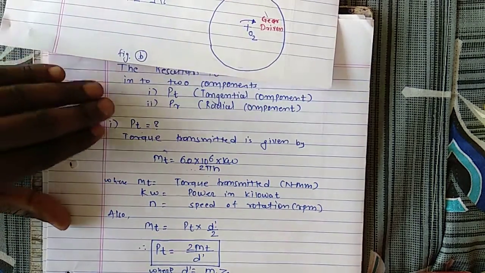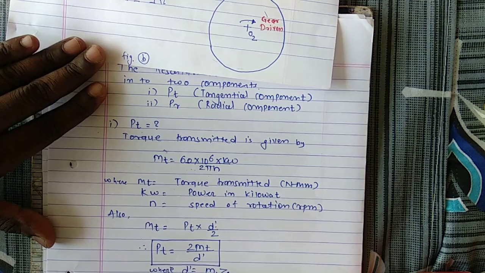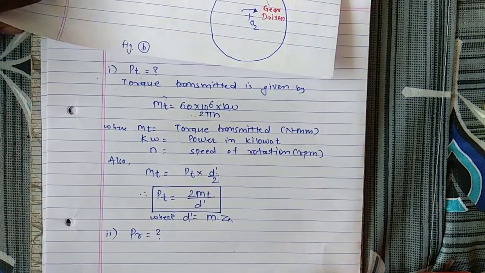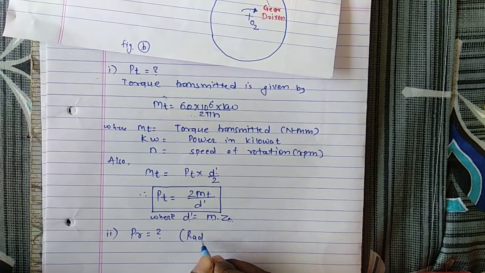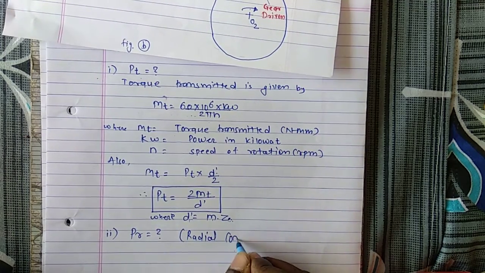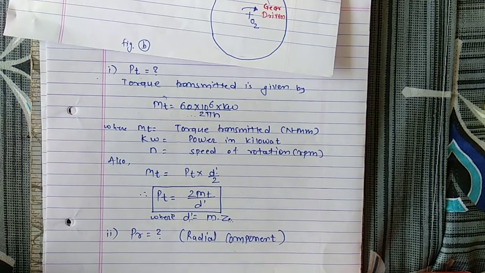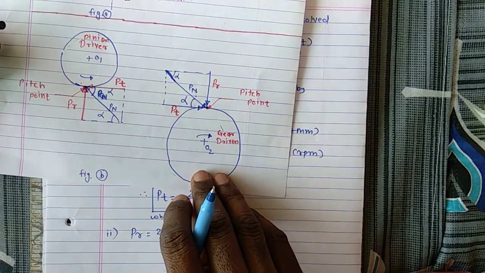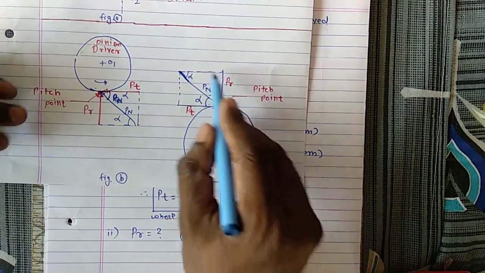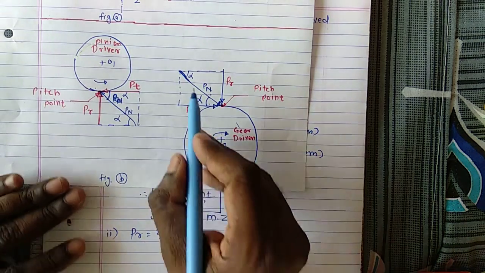Now the second force is the radial component PR. What should be the equation for the radial component or radial force PR? For that, I will take reference of this particular figure. See here, this is the figure. I will take reference of it and select this triangle.